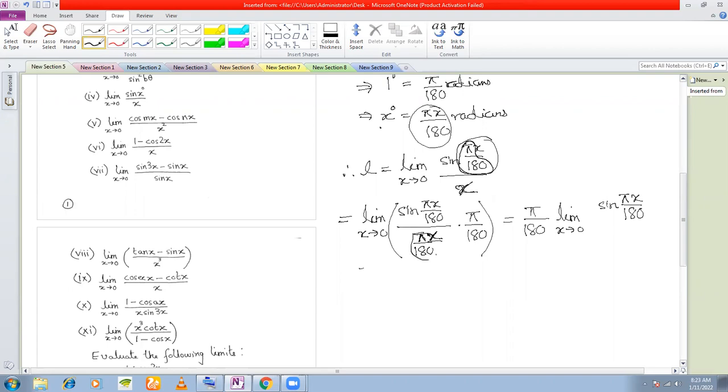And the extra term that I am dividing by is pi by 180. That is why I'm multiplying also by pi by 180. Okay. So this becomes pi x by 180. Okay. So now this limit here is equal to 1. Yeah, pi by 180 into 1, which is equal to pi by 180. And that's your answer.